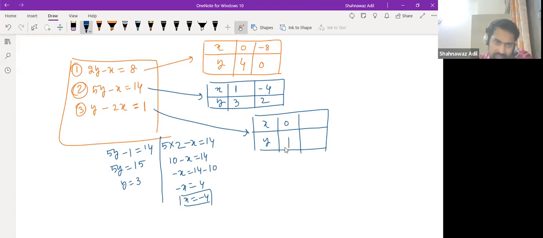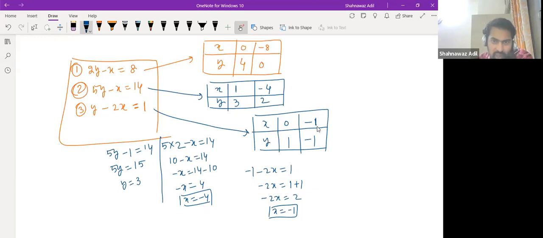And let's take y as minus 1. Then your x is, so this is minus 1 minus 2x is 1. So minus 2x is 1 plus 1, so minus 2x is 2, x is minus 1. So x is minus 1, right?